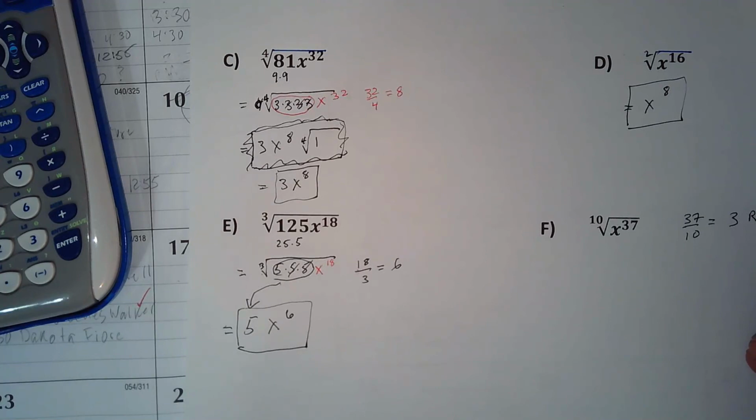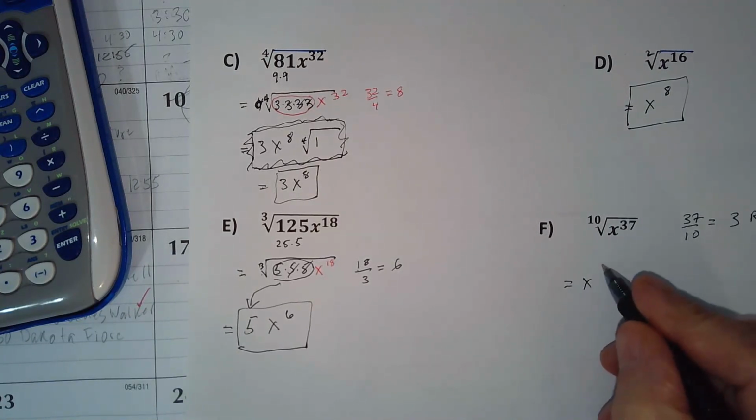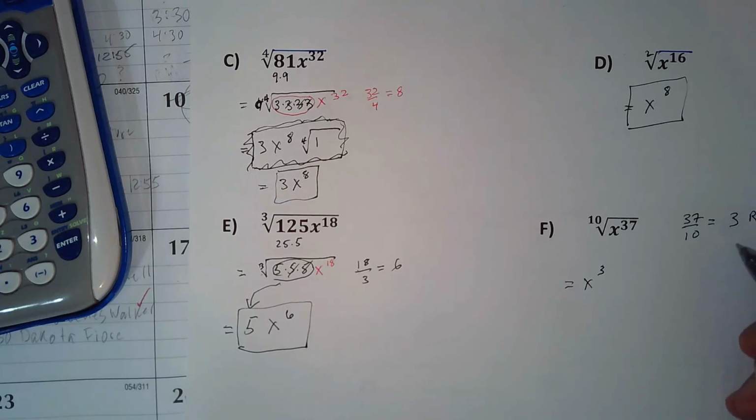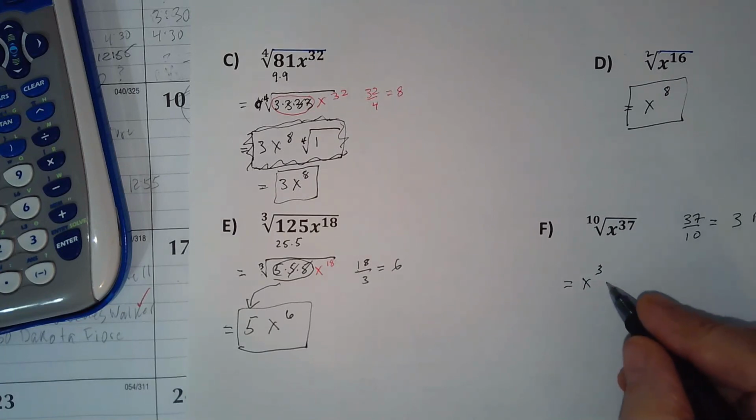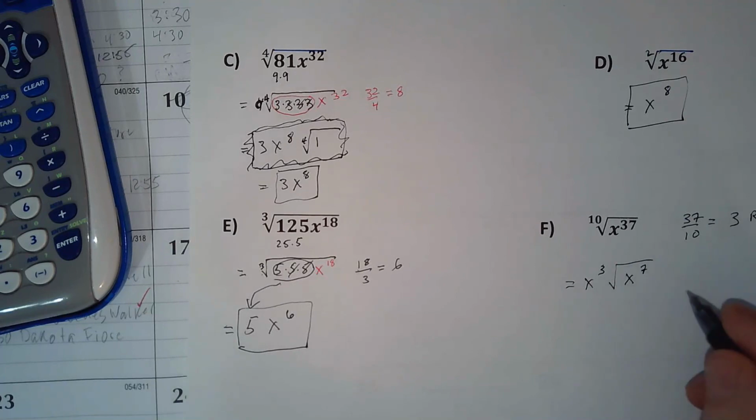So we have a remainder of 7. We would just simply take the 3 x's out. So this would be x to the 3, right? And under the radical, we're left with the remainder, x to the 7th. And we're done.